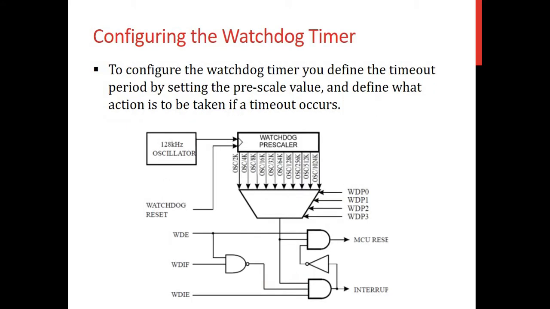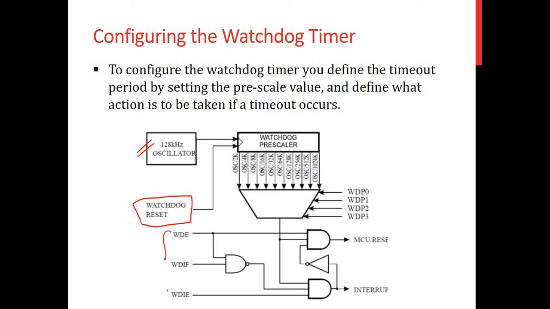In the Arduino Atmel328, basically this is how it looks like internally. You don't need to worry about this hardware and all. This is just for your information only. Like I said, we have a 128 kilohertz internal oscillator that is unique to this. There is a watchdog reset line. As long as I issue the watchdog reset command, it will trigger this line to start the watchdog from its top value again.